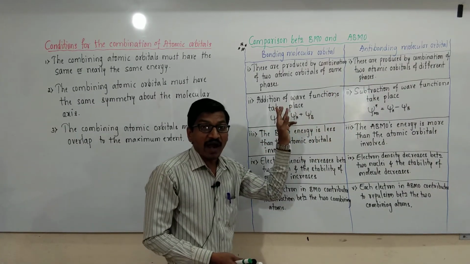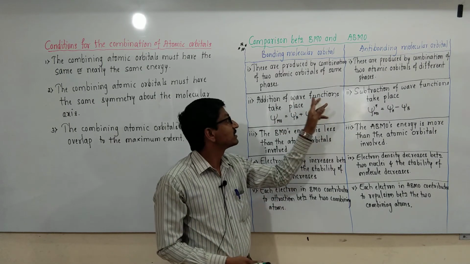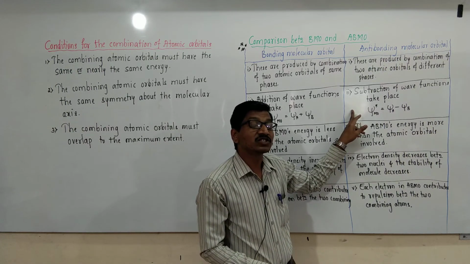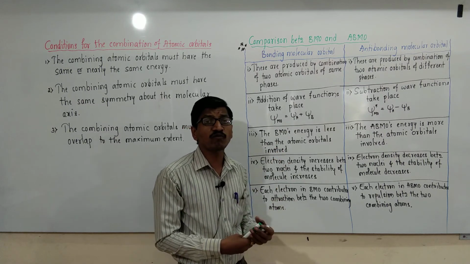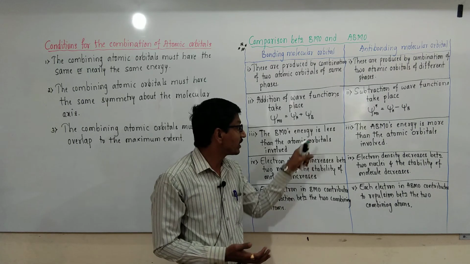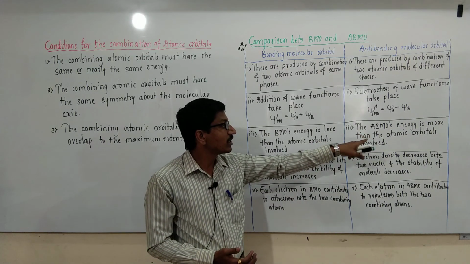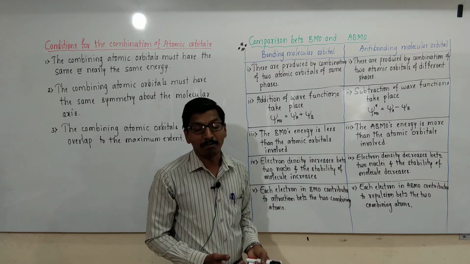Here the addition of wave function takes place, psi MO is equal to psi A plus psi B, and subtraction of wave function takes place, psi star MO is equal to psi A minus psi B. The energy of bonding molecular orbital is less than that of atomic orbitals involved. The energy of anti-bonding molecular orbital is more than that of atomic orbitals combined.